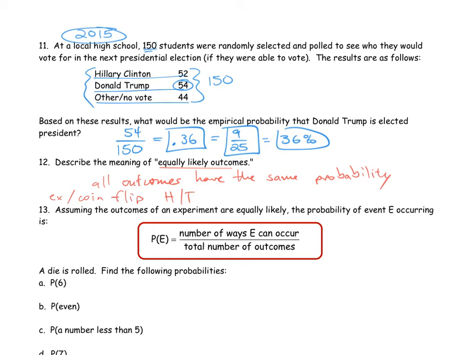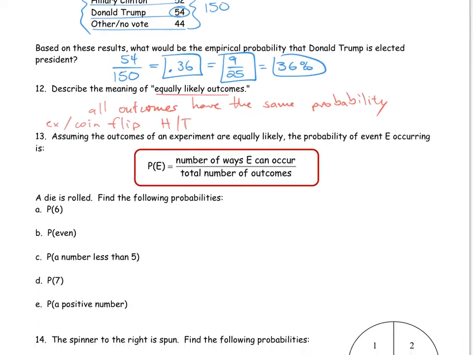So continuing with this idea of equally likely outcomes, if you assume the outcomes are equally likely, the probability of an event occurring is the number of ways E can occur divided by the total number of outcomes. And I've been saying this fraction for a very, very long time in this video already, so hopefully that doesn't trip you up too much.